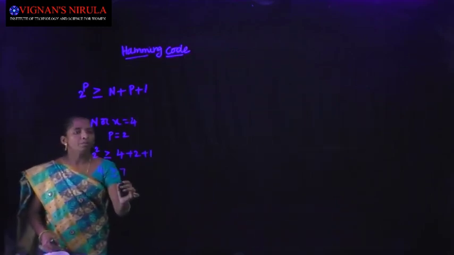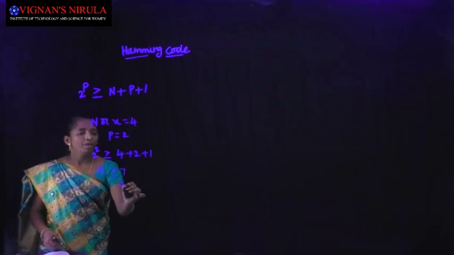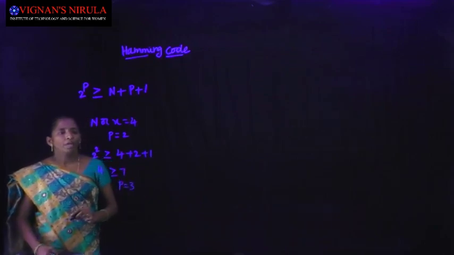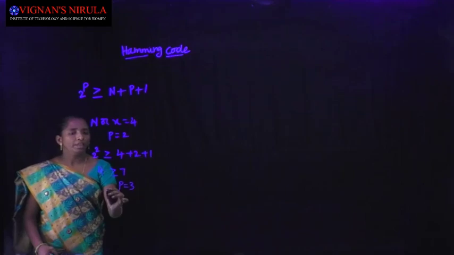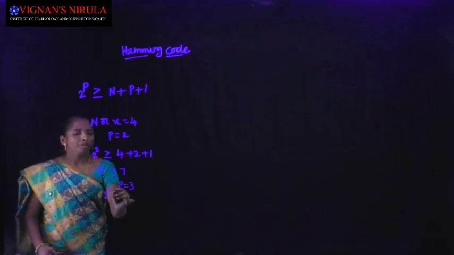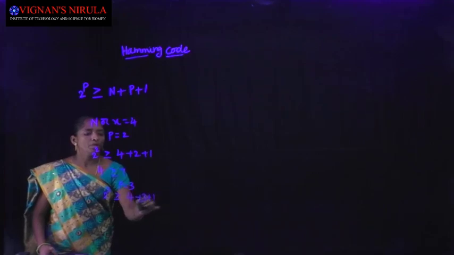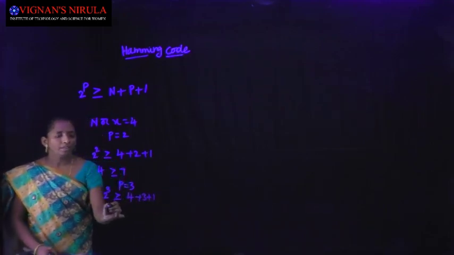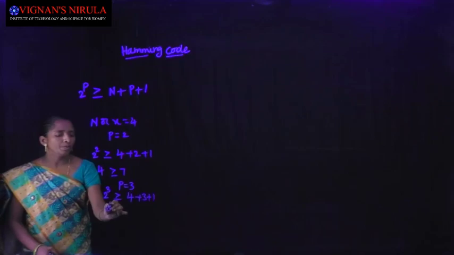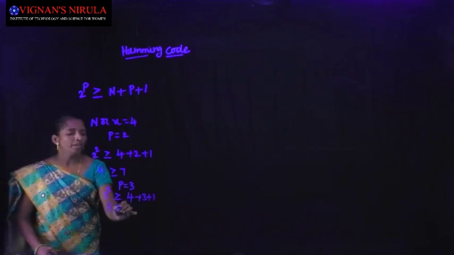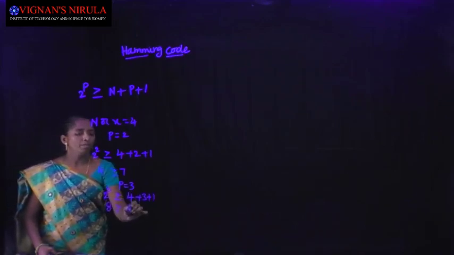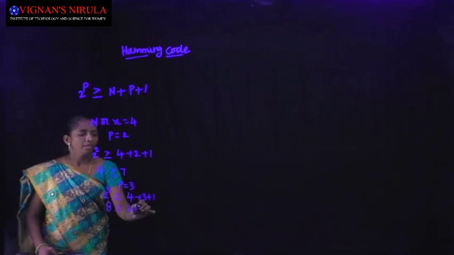So assume p equal to 3. Then 2 power 3 greater than or equal to 4 plus 3 plus 1. 2 power 3 is equivalent to 8, and 8 is greater than or equal to 4 plus 3 plus 1, which is 8.